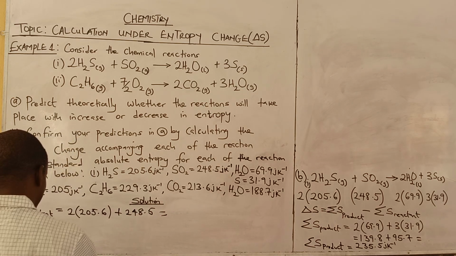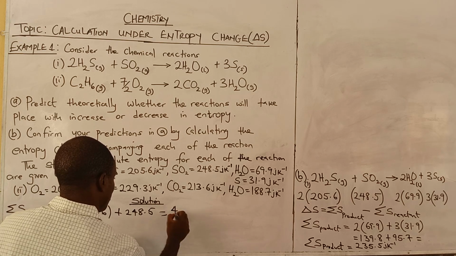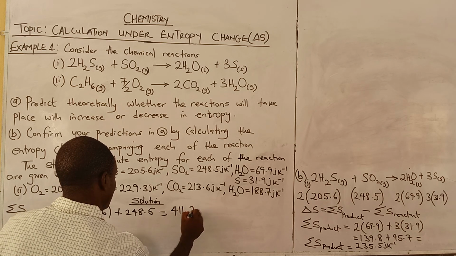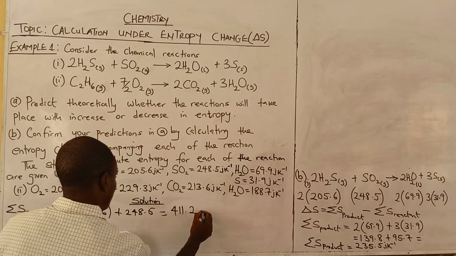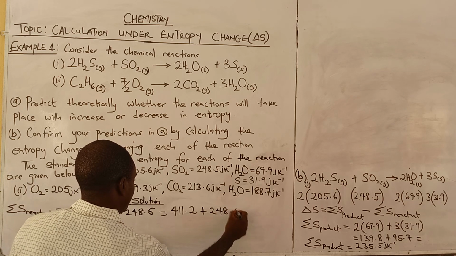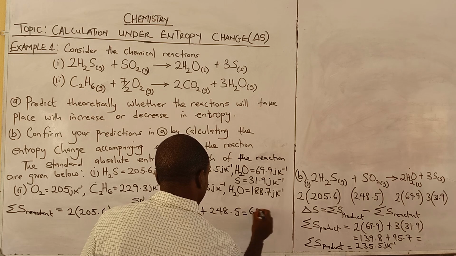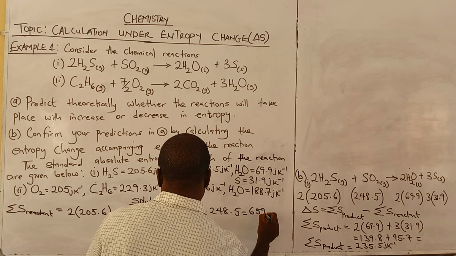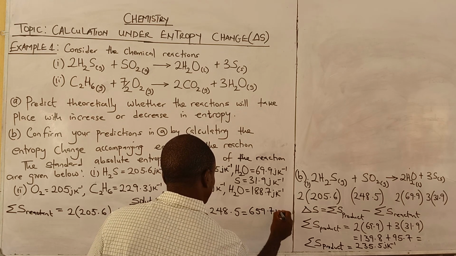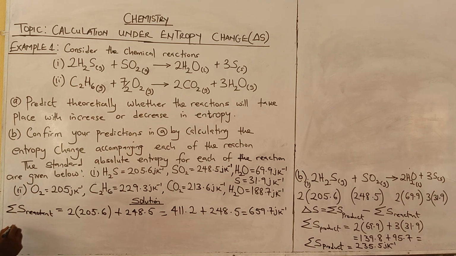When you multiply it, you have 411.2 plus 248.5. When you add them together, you have 659.7 joules per Kelvin.